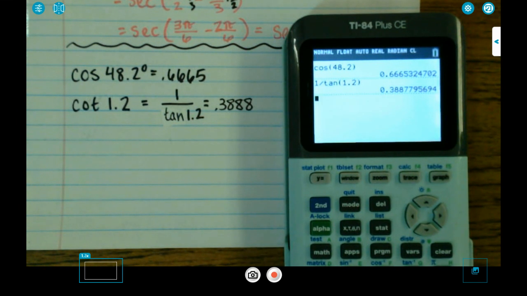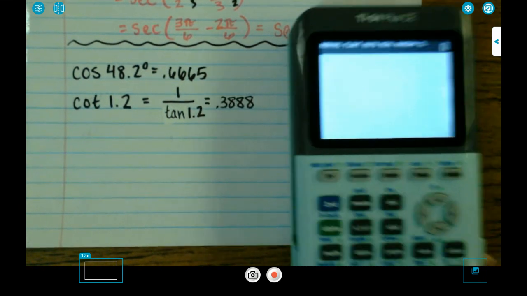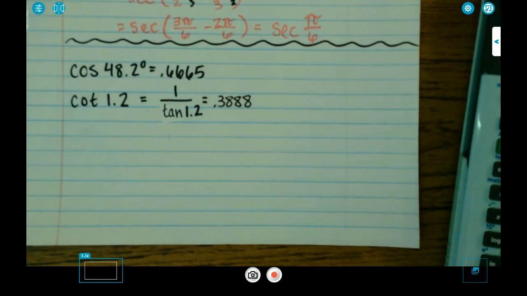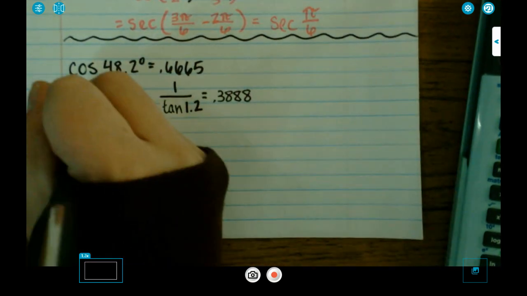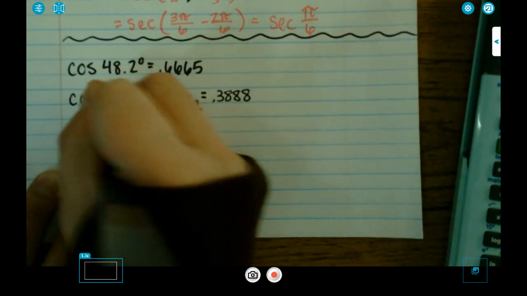Okay. The last thing that we're going to do in our calculator today is, if we know what sine, cosine, or tangent of a certain value is, we can use that to find the angle. So, for example, let's say that we know that tangent of theta equals 26.0307.